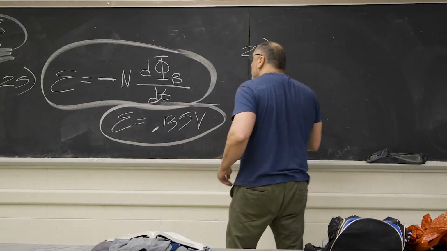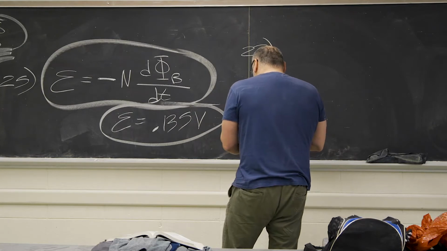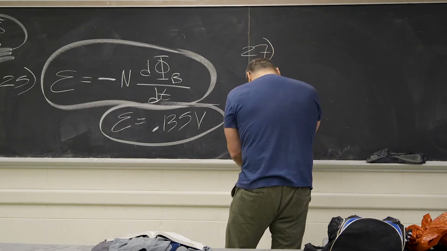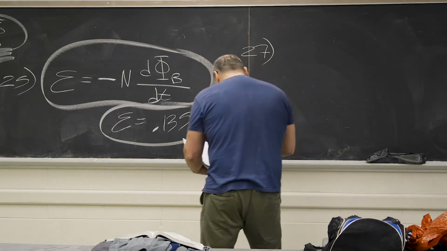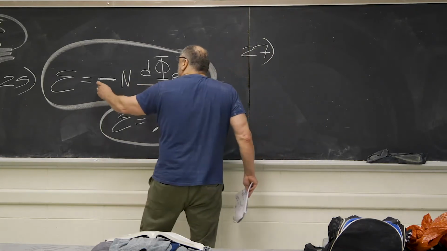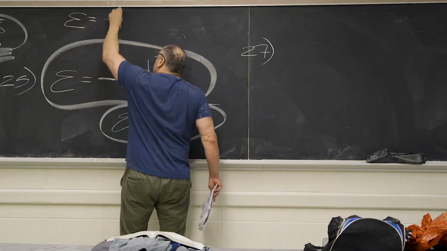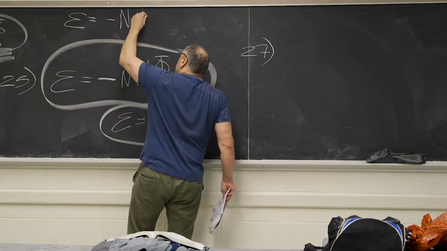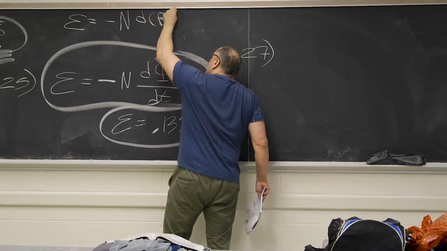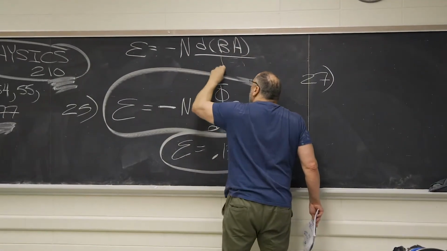Now, coming back a little bit, in this particular case, this right here can be written as negative N, and the flux is the product of two functional values, if you will.